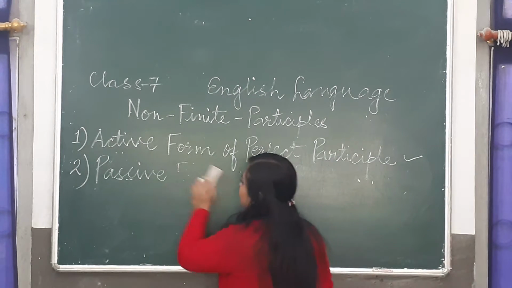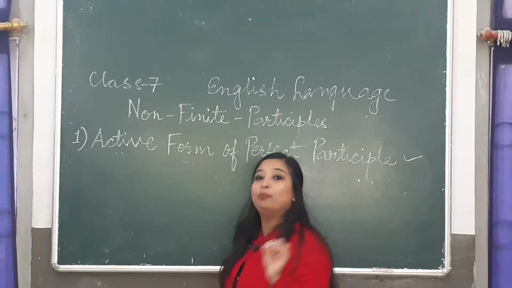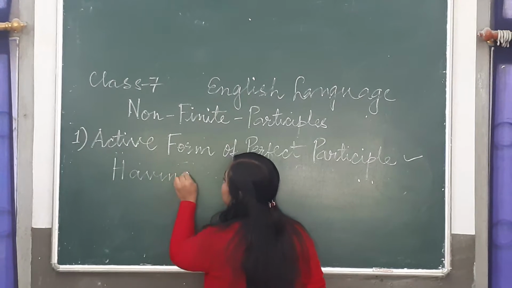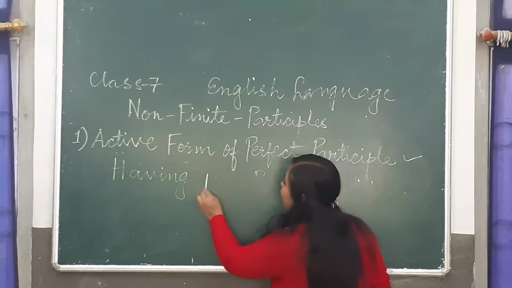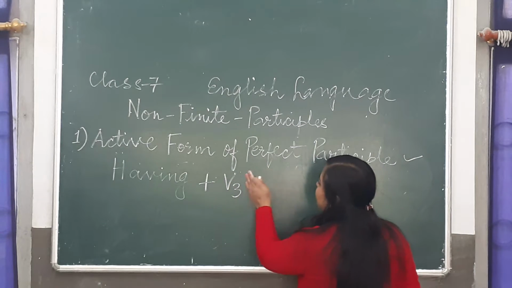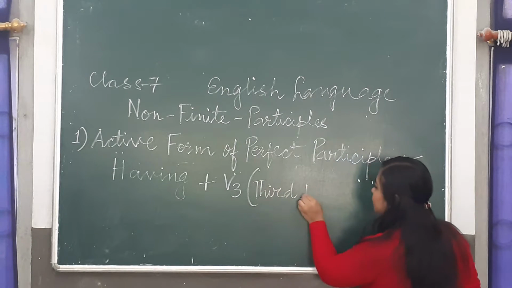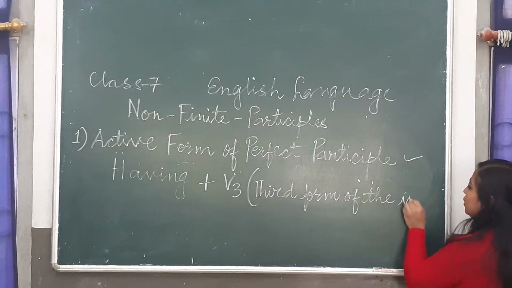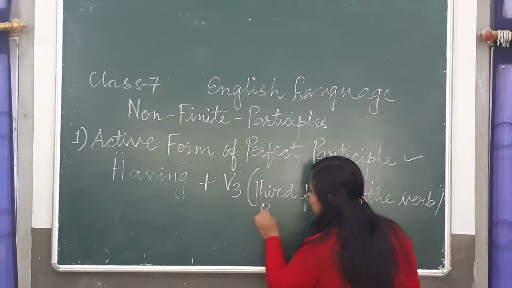Now see, children, the structure goes like this. You'll have to begin with having, and then the third form of the verb, or the past participle form of the verb.